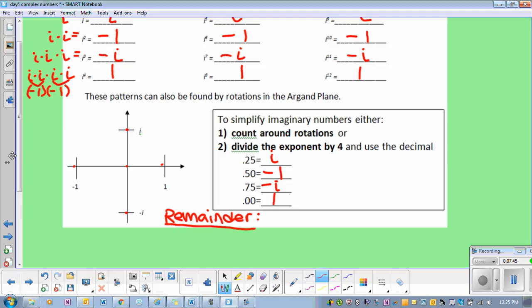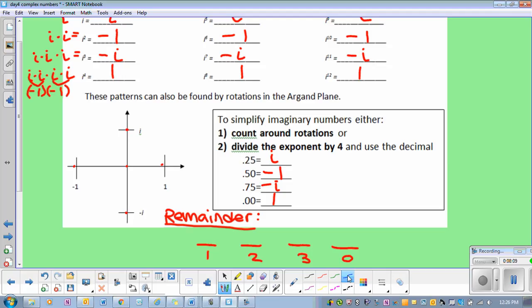If you have a remainder of 1, 2, 3, or 0, that's the one that I use just because I remembered it this way. You don't have to use it this way, but the remainder rule goes 1, 2, 3, 0.